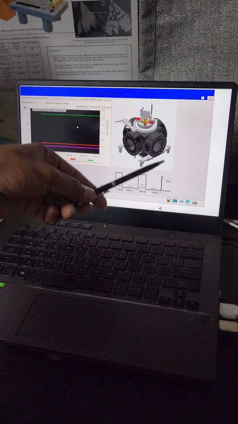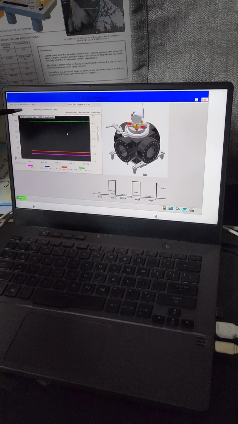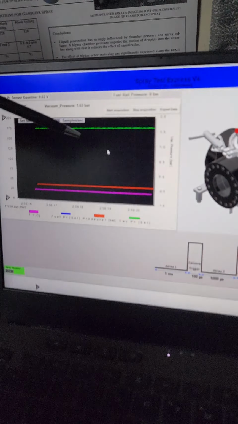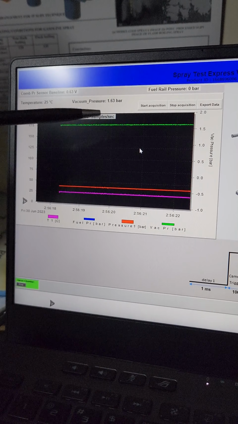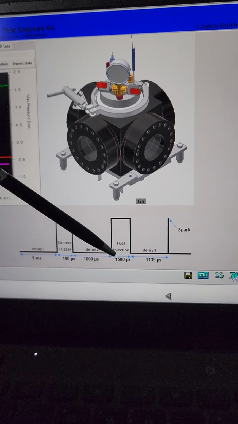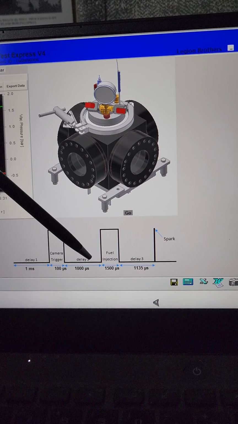This is the data acquisition system. Currently it gives the exact temperature and pressure of the constant volume combustion chamber and the fuel line. Here we are giving the time duration for the spray, like 1500 microseconds or 1.5 milliseconds.